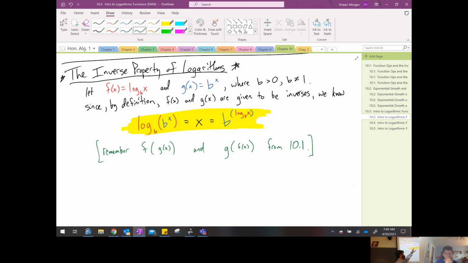Or vice versa. Instead of taking the log of both sides of an equation, I could raise up both sides of an equation as a power. And as long as the base is the same, it'll work out. Has everybody had a chance to write down what's in highlights? All right, let me show you what I'm talking about.